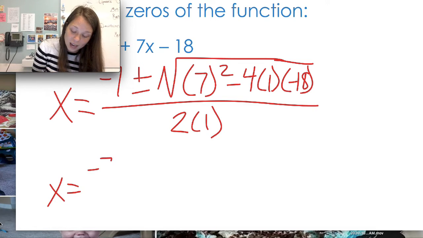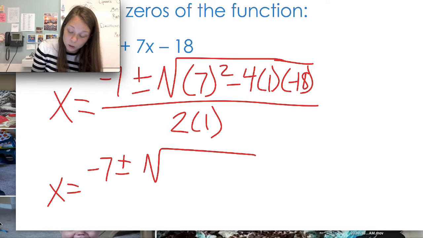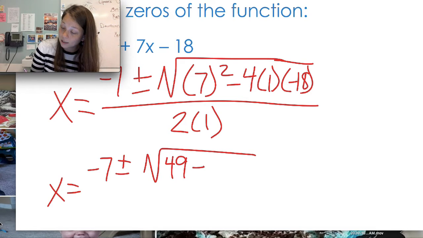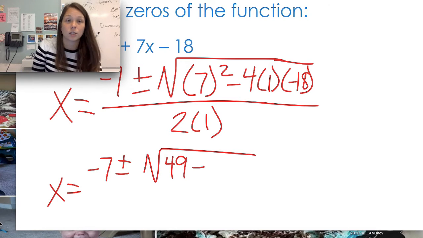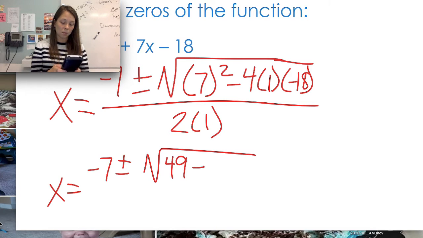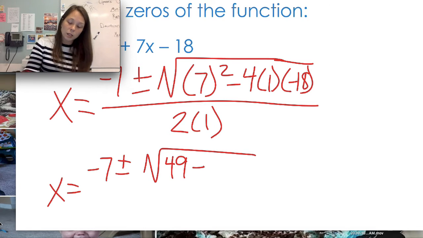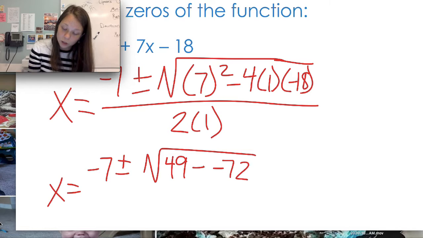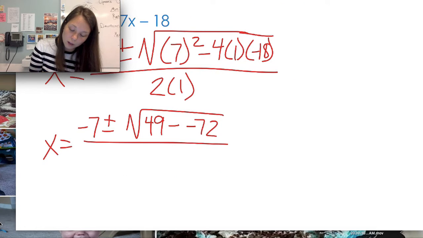Starting to simplify down, I get negative 7 plus or minus the square root of 49 minus, oh goodness gracious, let's see here. So broken up, 4 times 18, so that would be minus a negative 72, all divided by 2.